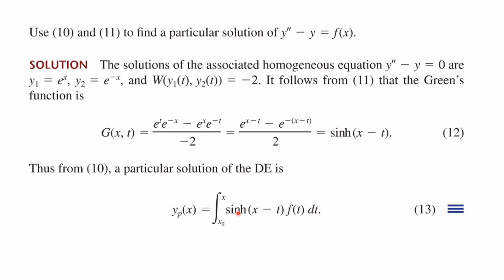So we know that y sub p of x is equal to the integral from x0, my initial condition, up to x, of the hyperbolic sine, we call that sinh also, of x minus t times f of t dt. Later on in this course, we're also going to talk about such a thing being called a convolution product, but not today. So that's how you would approach this in general, for a general f of t and this differential operator.